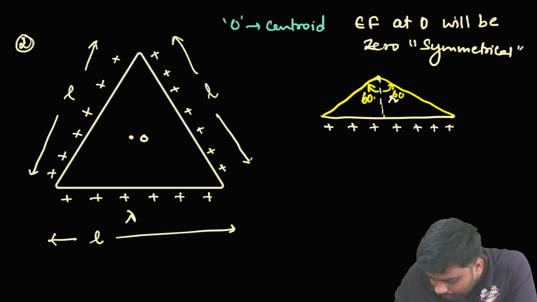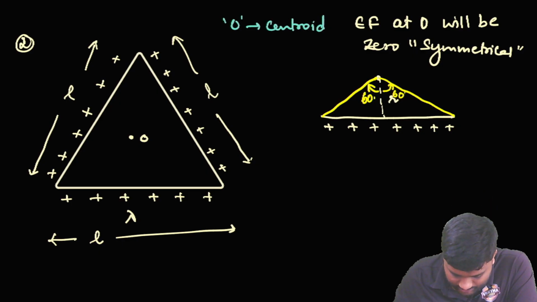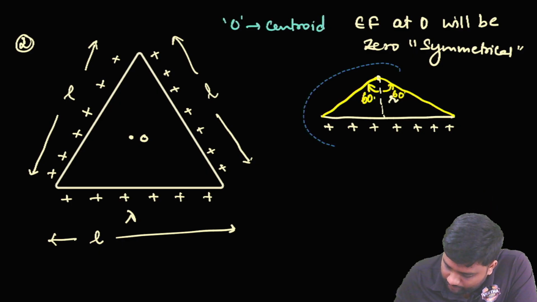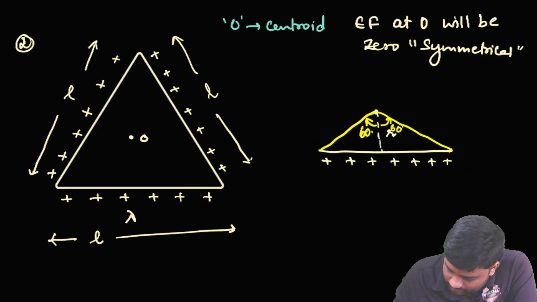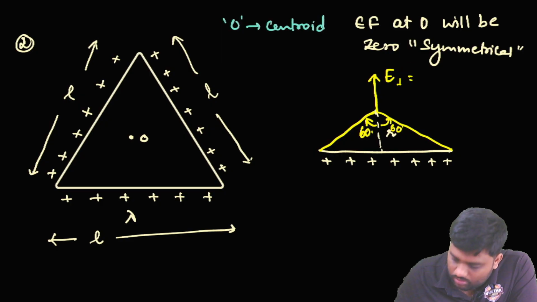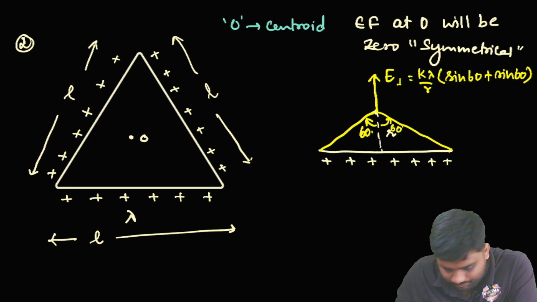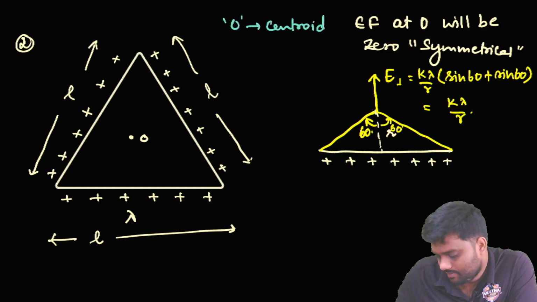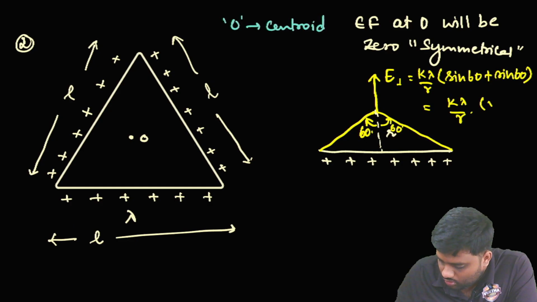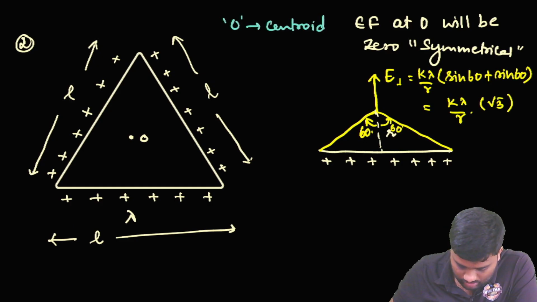This is a positive charge, so you are going to get electric field perpendicular to this line, which is equal to K lambda by R sin 60 plus sin 60. That is K lambda by R root 3 by 2, that comes out to be root 3. This is the electric field you are going to get.